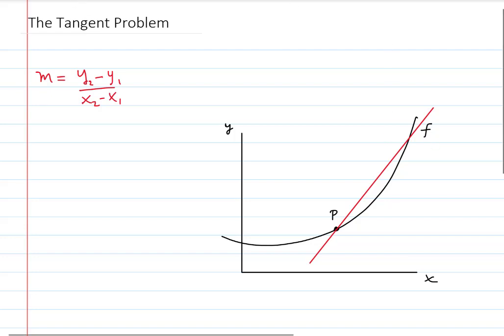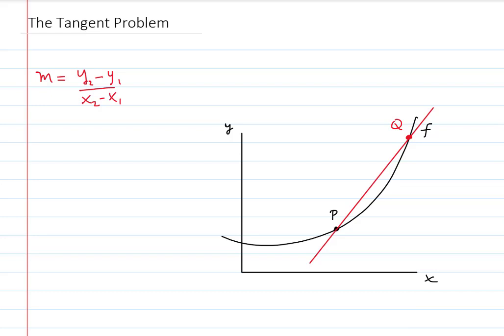Let's call it point Q. Now we're able to use our nice formula from pre-calculus algebra to find the slope of that line. This line is no longer the tangent line of interest, but it's what we call a secant line. A secant line intersects the curve at 2 points.